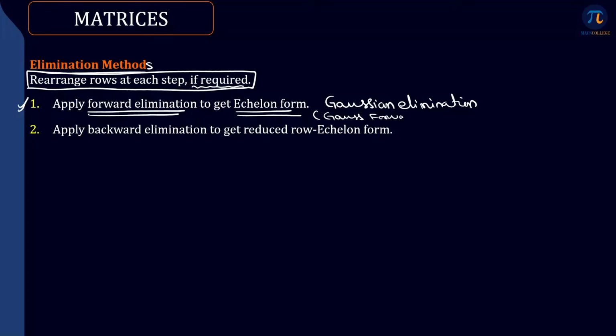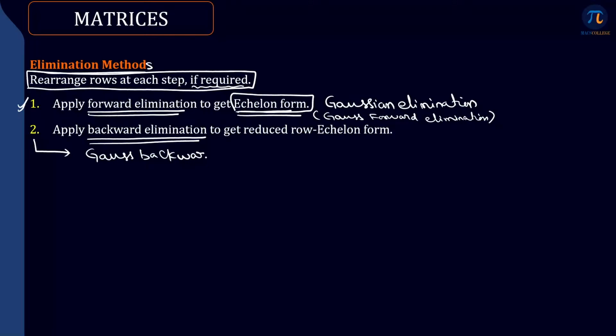The name, sir, nothing more than that. Gauss forward elimination or simply Gaussian elimination. Now, after getting echelon form, we do backward elimination to get reduced row echelon form, and this second step is called the Gauss backward elimination method.